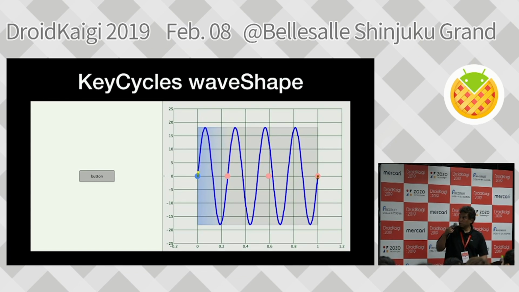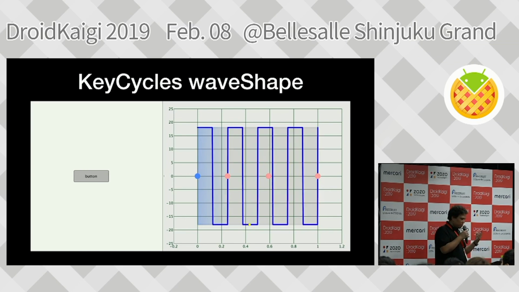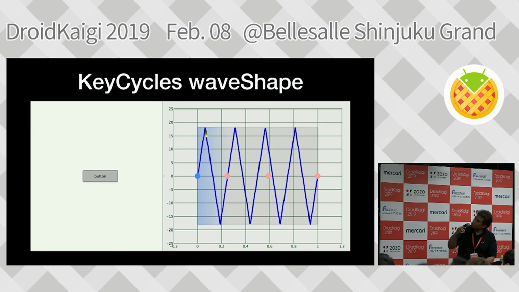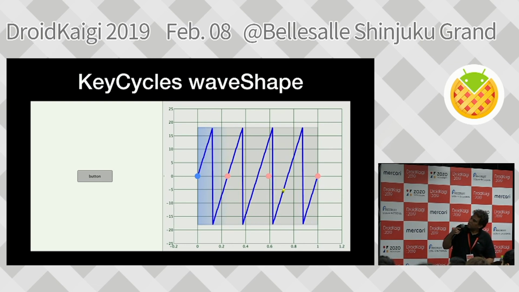The other one you can do is wave shape. In the first case it's a square wave, then we'll go into a triangle wave, and then a ramp. A ramp would move you from one and then jump back.